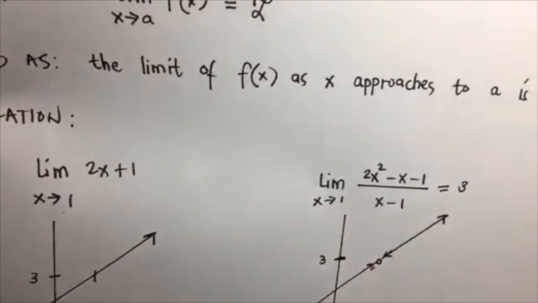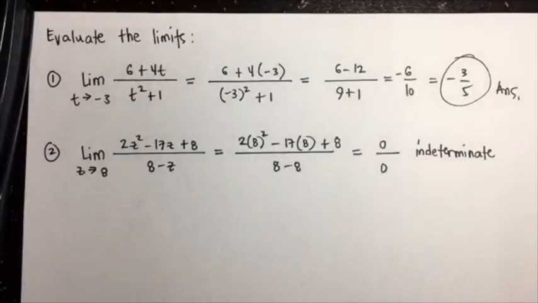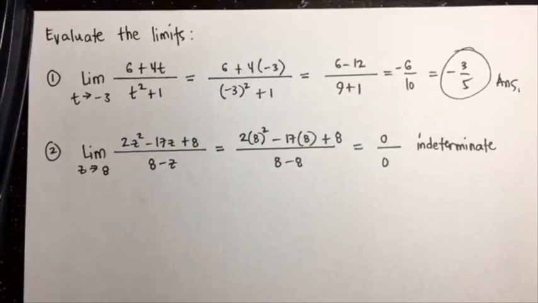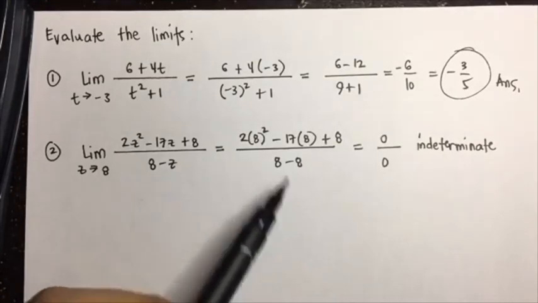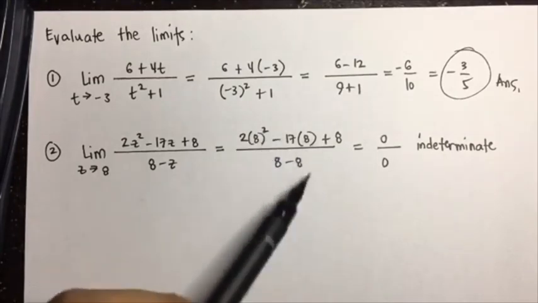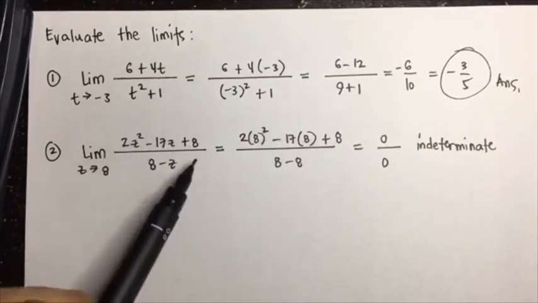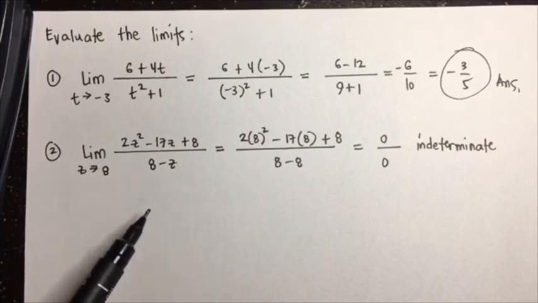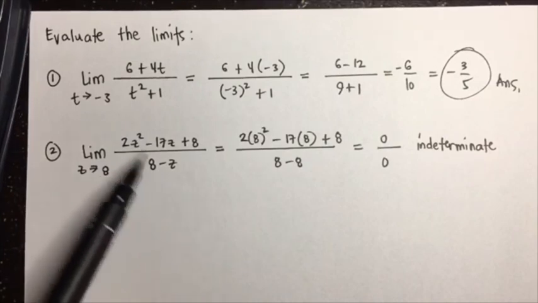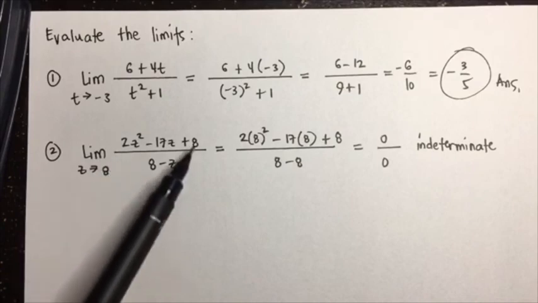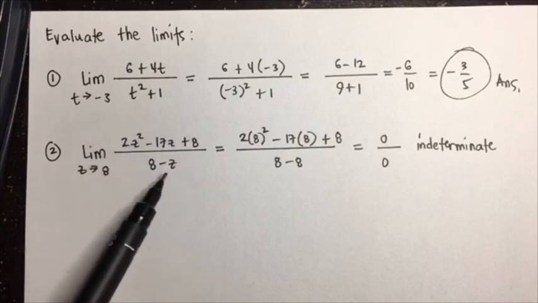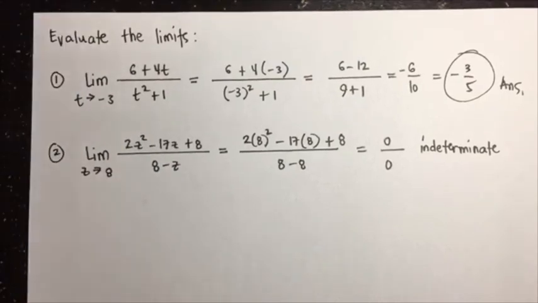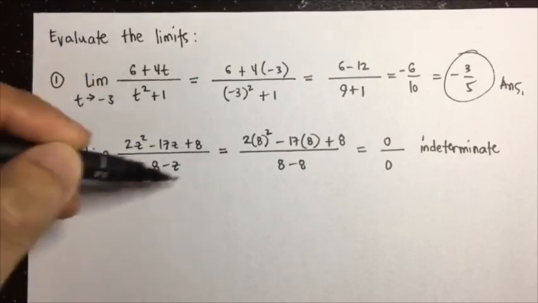So what we can do is look for ways to simplify our function first before substituting the value of the limit. One way is to factor. We can factor out the numerator and see if we can simplify the expression.